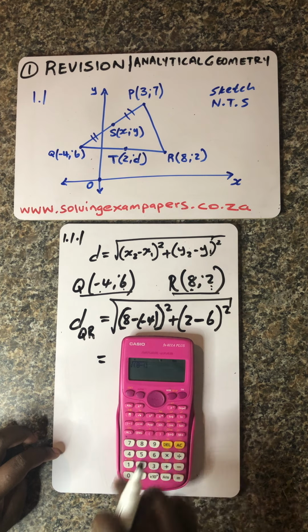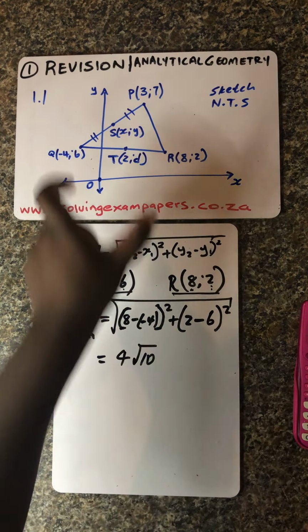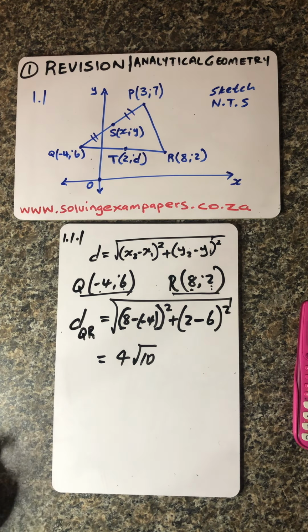Guys, let's say plus into 2 minus 6, close, squared. It equals, ladies and gentlemen, I'm getting 4 square root of 10. Very much important. So that means that length or that distance is 4 square root of 10.